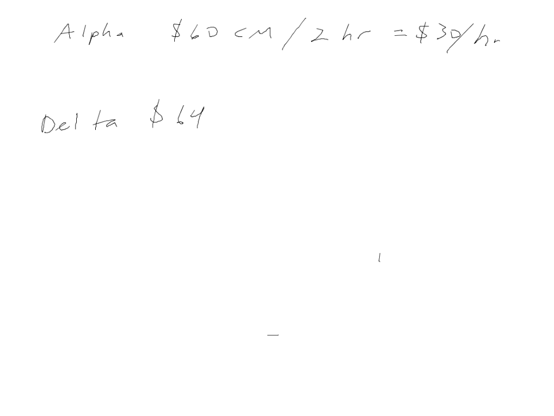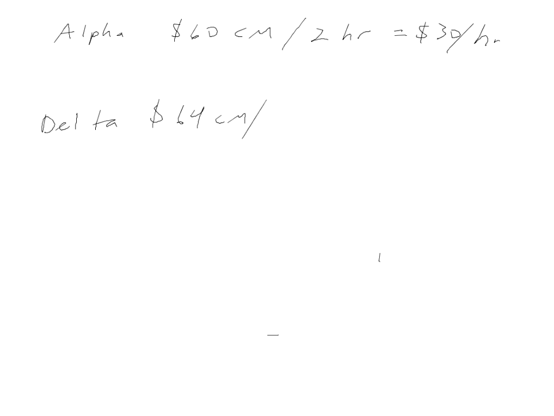So for alpha, the contribution margin, according to the fact pattern, is $60, right? But it takes them 2 hours to make an alpha, and so that would be $30 an hour. Okay, and for delta, it has more contribution margin, so $64.